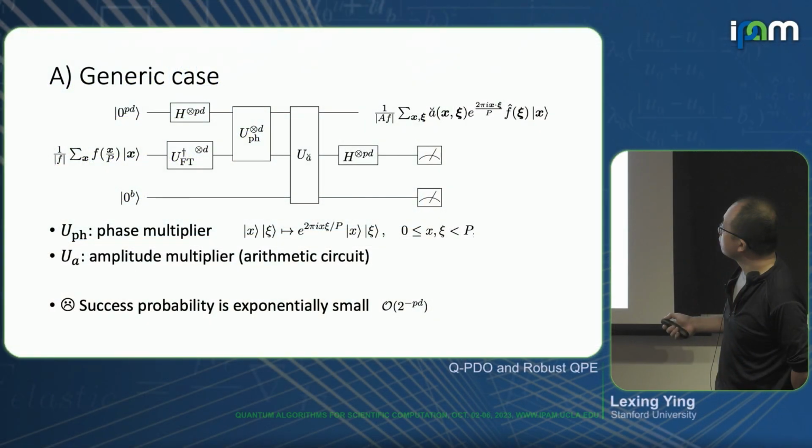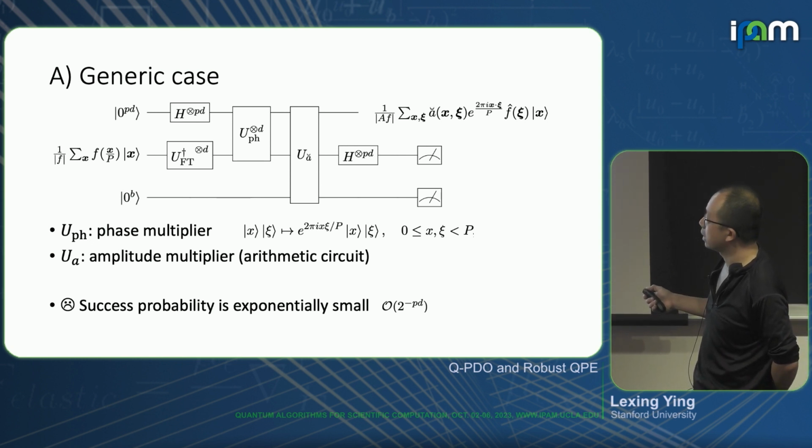This object is called an amplitude multiplier, and what it does is the multiplication with this amplitude function, a x c. Afterwards you do another bunch of Hadamard gates and then the measurement. What you observe on these qubits is the result of your pseudo-differential operator.